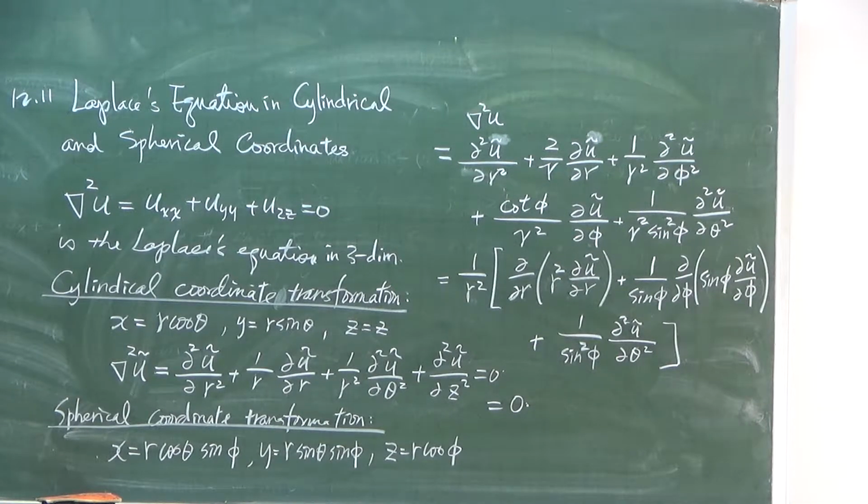And so then the solution u(r, theta, phi, t) must be independent of theta, and u_theta is equal to 0.